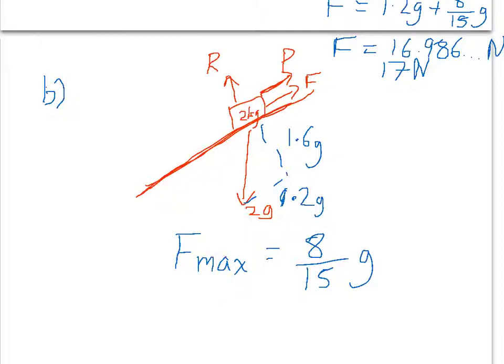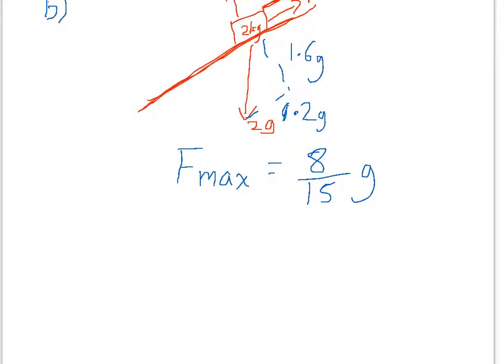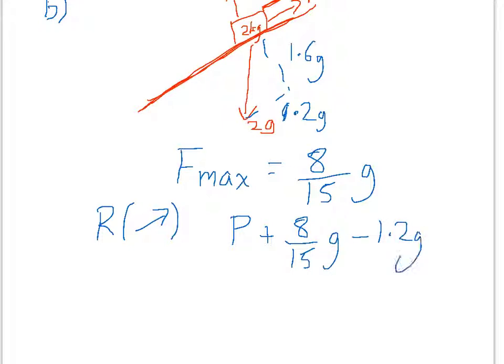So if we look at forces up the slope, we're going to have the P plus the friction, which is 8/15 G, minus the component of the weight acting downwards, which is 1.2 G. Still equal to 0 because we're still looking at the point just before it starts to accelerate down the slope.